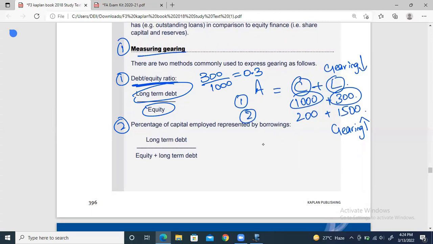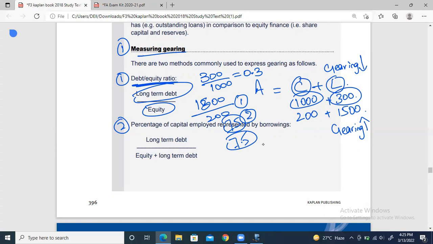The liability is 1500 divided by 200, so you can see it's 7.5, which is a very high amount. That means the more debt we have, the more gearing we have as well.